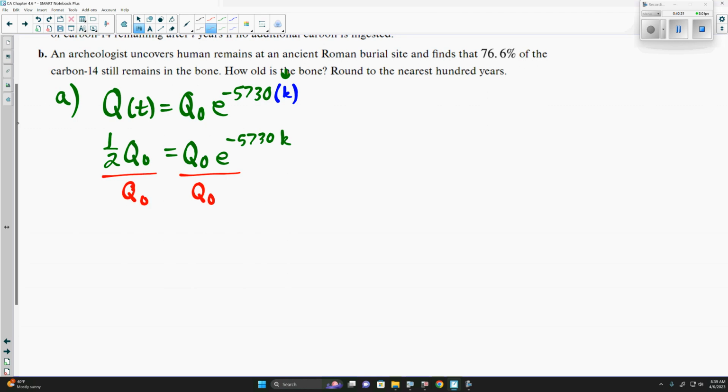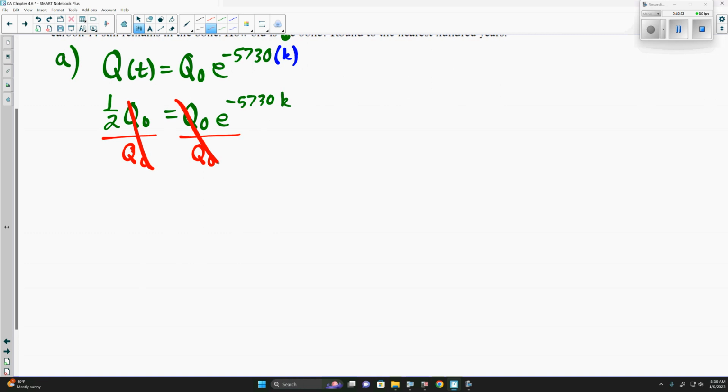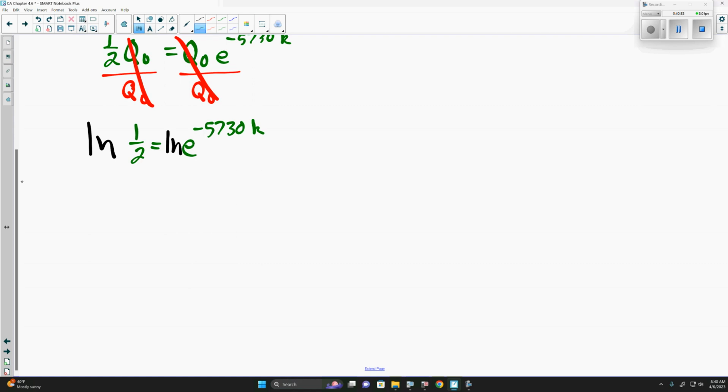Now we can divide Q naught from both sides. They're just going to cancel, telling us that 1/2 is equal to e to the negative 5,730 k at this point here. We're going to take the natural log of both sides. So the left-hand side is going to be the natural log of 1/2 is equal to negative 5,730 k.